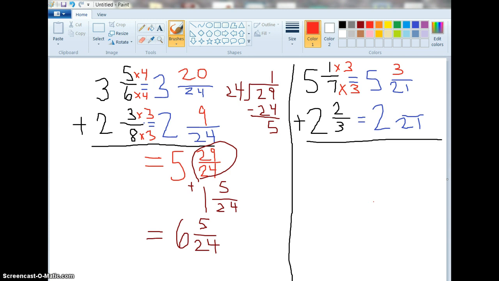Do the same thing with the second denominators. How much could 3 go into 21? Correct, that will go 7 times. Multiply 2 also by 7 to give you 14.